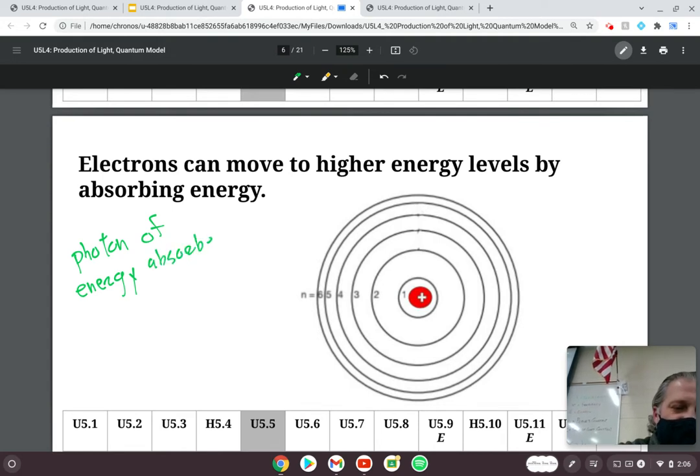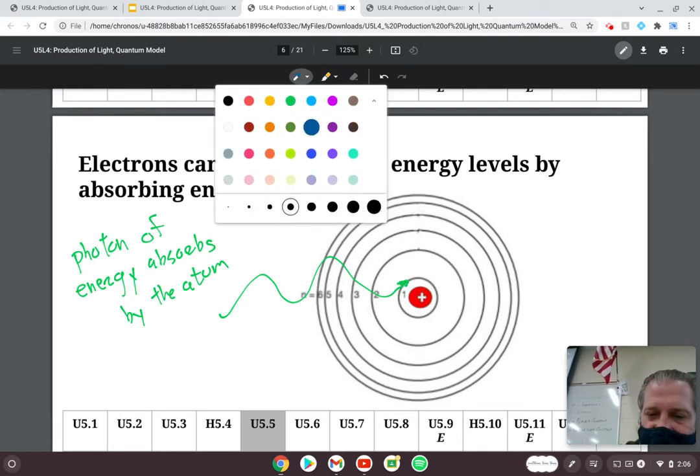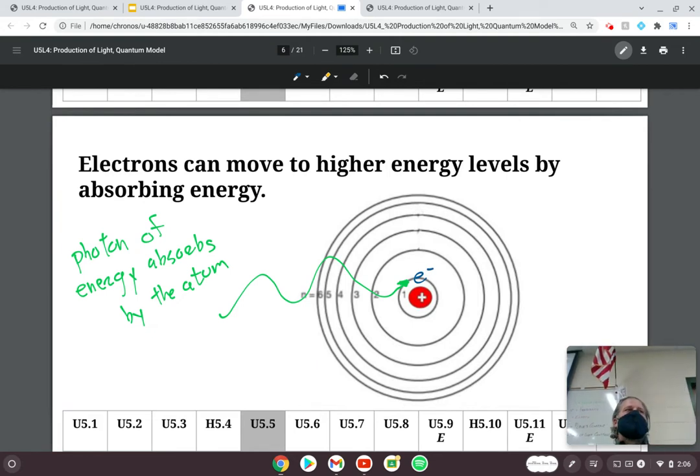So if an atom absorbs a photon of energy, like this, the electron in its ground state can become excited and move up to another energy level.